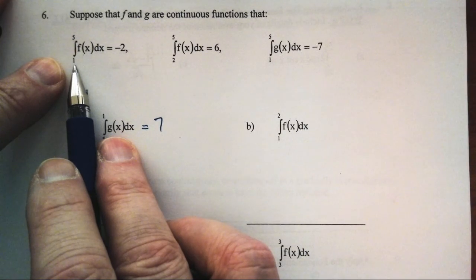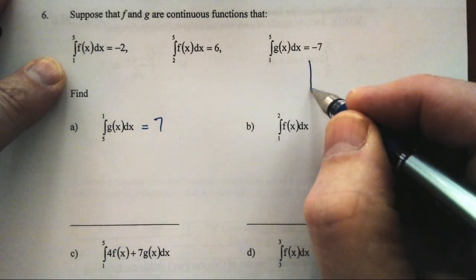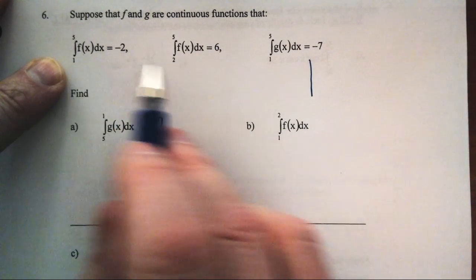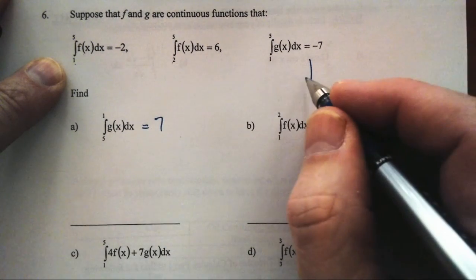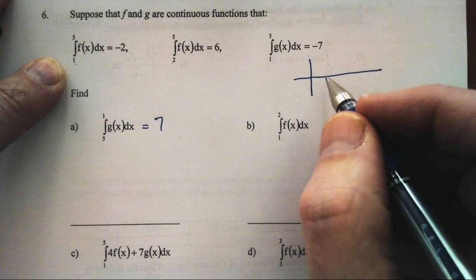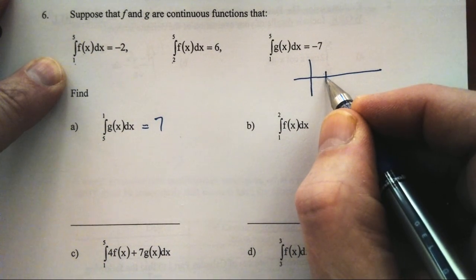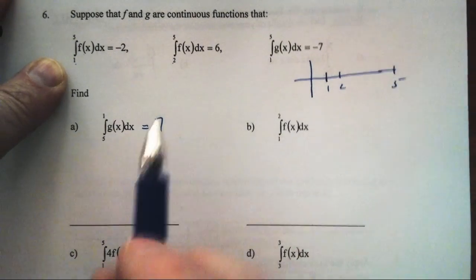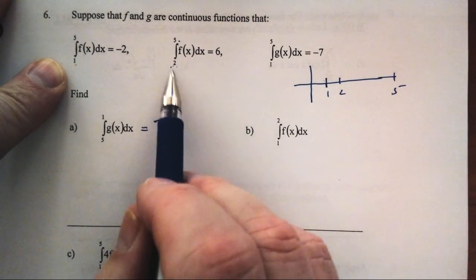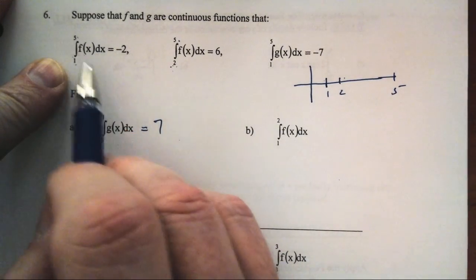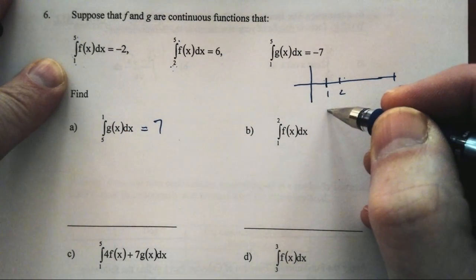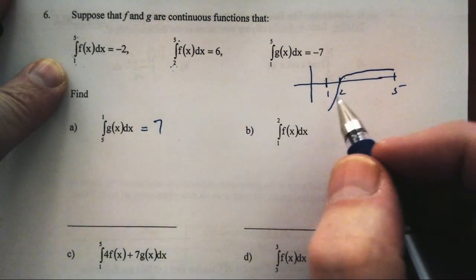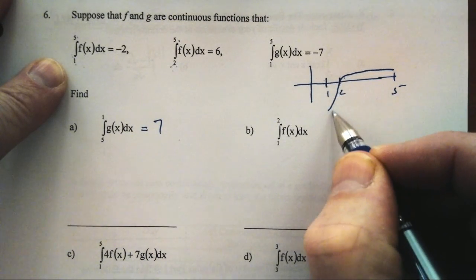So I try to draw a picture of this. We want the integral from 1 to 2. I notice my integral from 1 to 5 is negative, but from 2 to 5 is positive. So this is just a possibility. There's a lot of ways we could draw this. I'm going to go 1, 2, and 5. If the integral from 2 to 5 is positive, but 1 to 5 is negative, we've got to have a whole lot of curve under here. It could look something like this, where this area would even need to be more exaggerated down here.